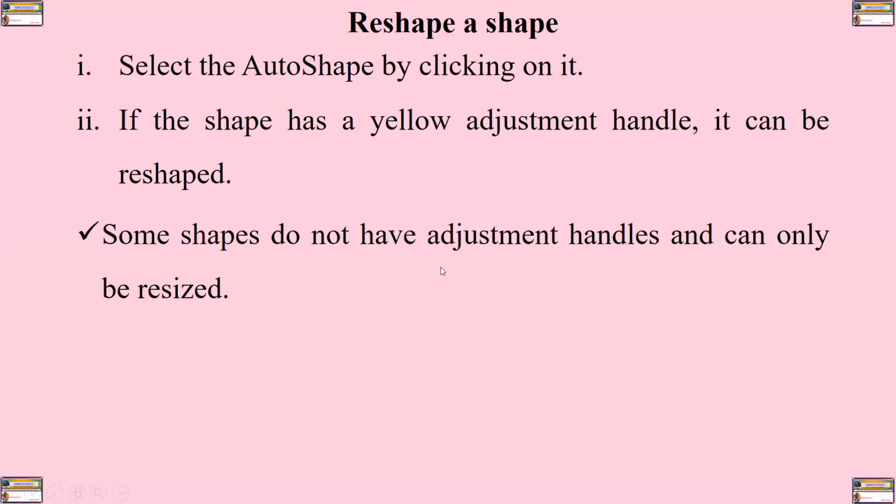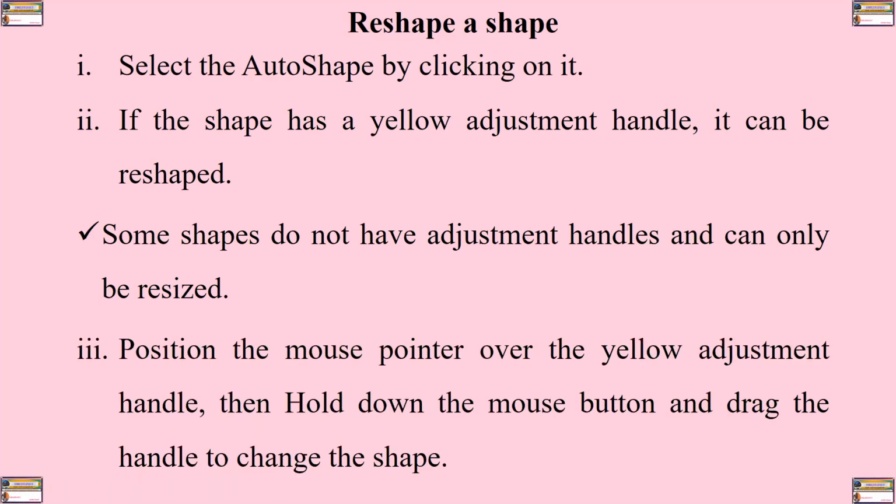Some shapes do not have adjustment handles and can only be resized. Now, once you have selected your shape by clicking on it, you can position the mouse pointer over the yellow adjustment handle if it is there, then hold down the mouse button and drag the handle to change the shape.